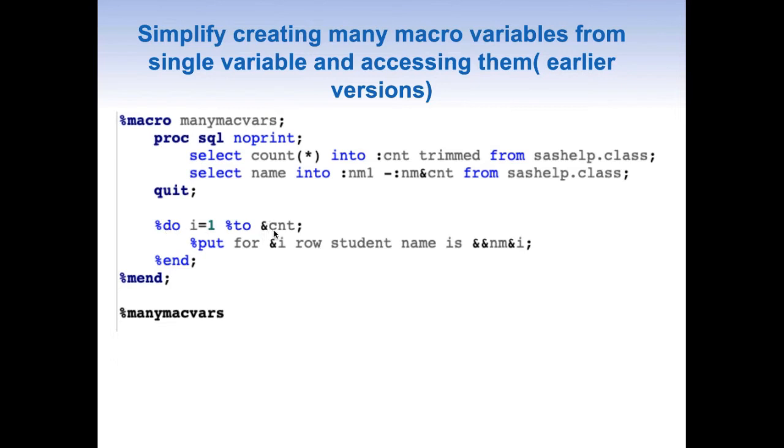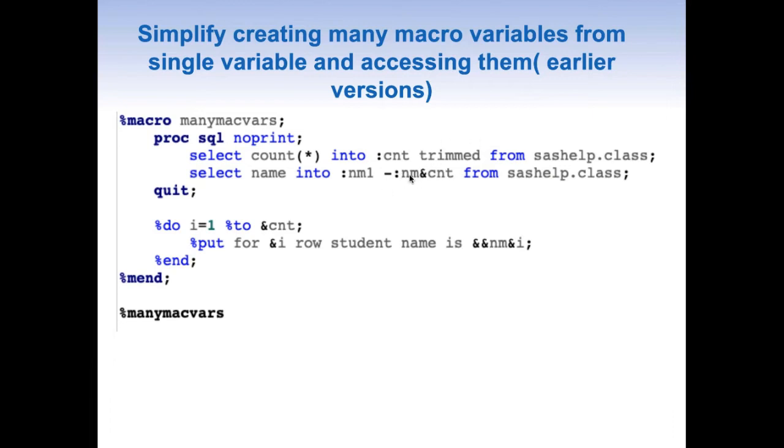When we come in here, &cnt becomes 19, and now we are accessing all the macro variables as we have been doing previously. Now let me tell you why I have used the option trimmed in here.